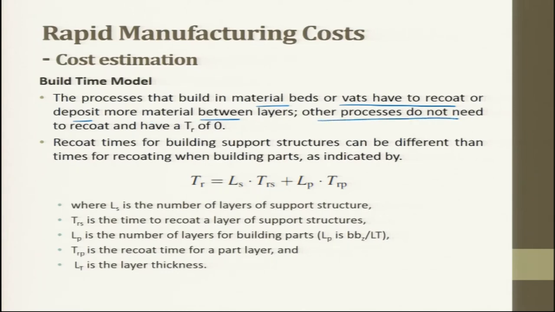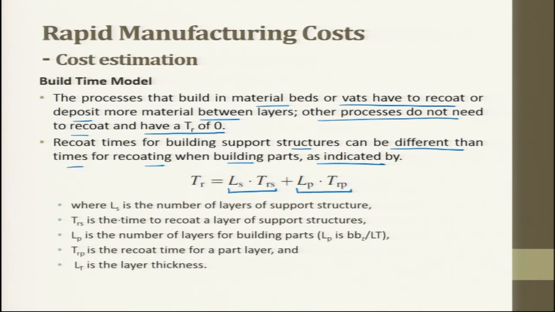Other processes do not need the recoat, so they have TR equal to 0. Recoat time for building support structures can be different than times for recoating when building parts, as indicated by this recoat time. Recoat time TR is equal to LS into TRS plus the second factor, LP into TRP.